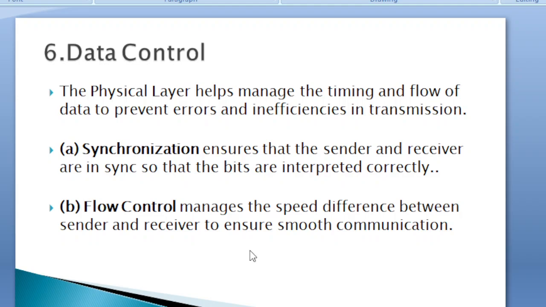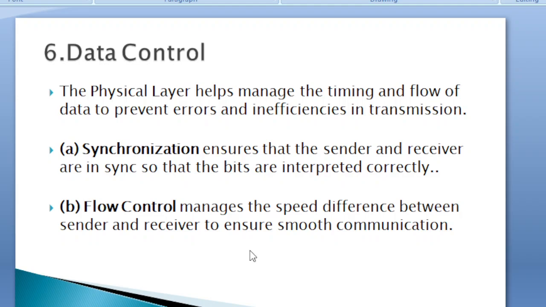For that, it implements synchronization and flow control mechanisms. Synchronization means the sender and the receiver are in sync so that the bits are interpreted correctly. There should be a synchronization mechanism between the sender and the receiver, and only then can data communication be accurate and efficient.